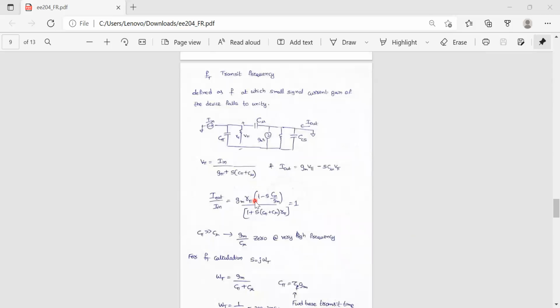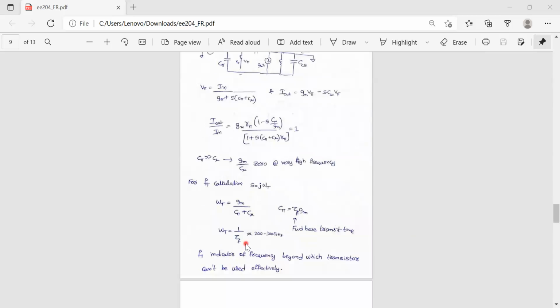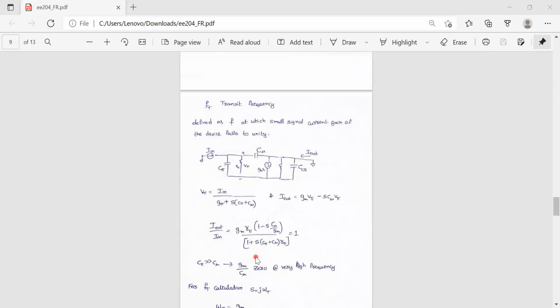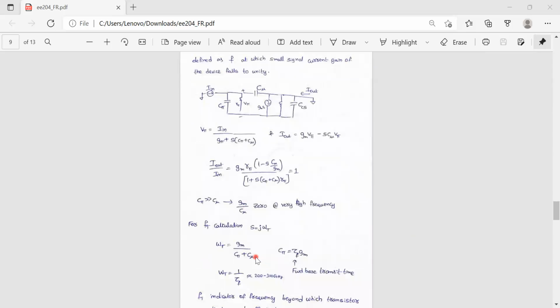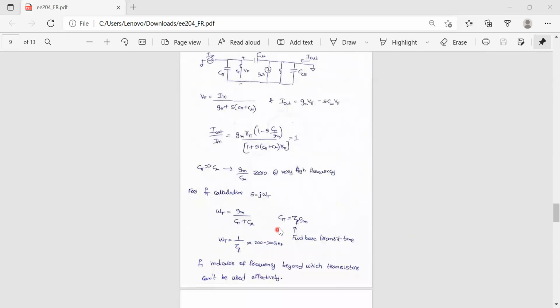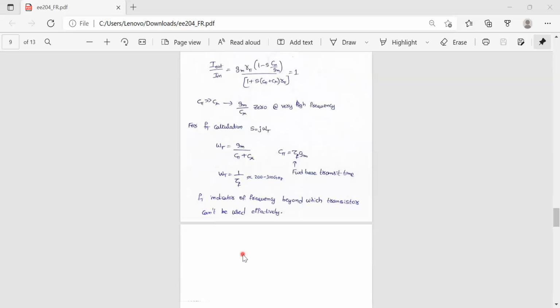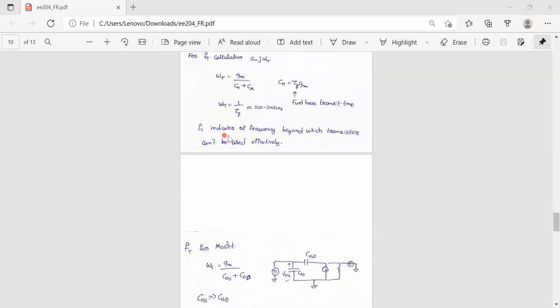We can find the ft for different configurations. For BJT we will get omega t as 1 by tau f. ft is an indicator of the frequency beyond which the transistor can't be used effectively.